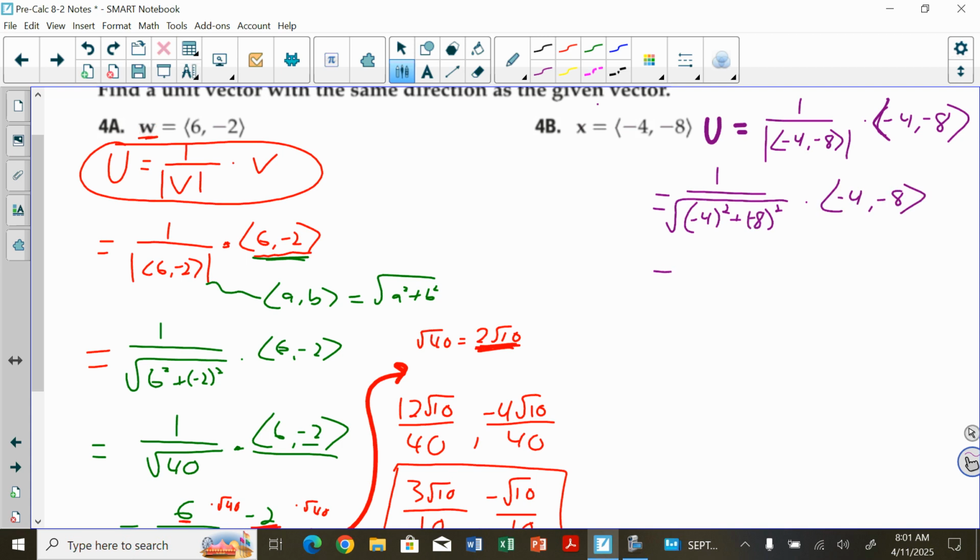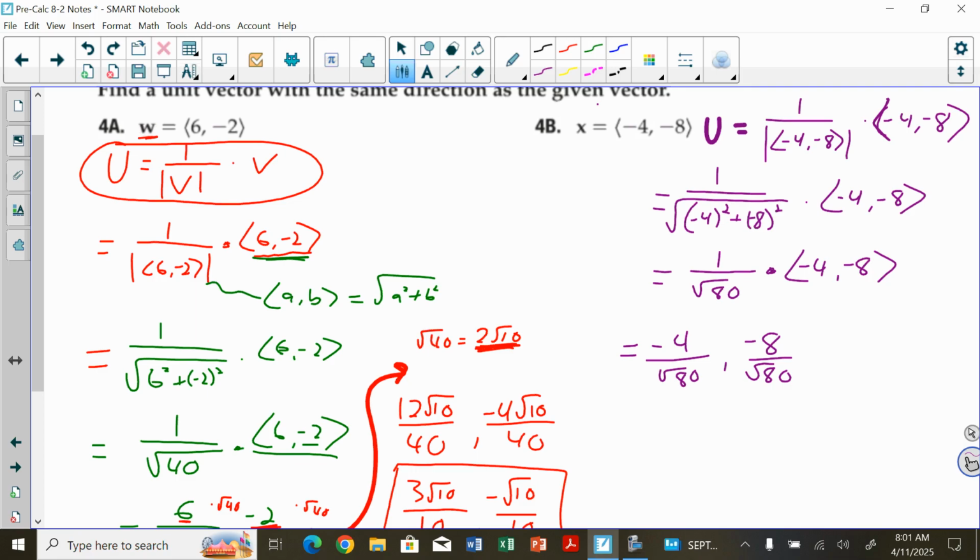Okay, so 1 over, this comes out to 16 plus 64 is 80, so 1 over the square root of 80. Don't forget the square root symbol. It doesn't go away. And then you're multiplying by this as well. Okay, now I can go ahead and do my scalar multiplication here. So it would be negative 4 over the square root of 80, comma, negative 8 over the square root of 80.